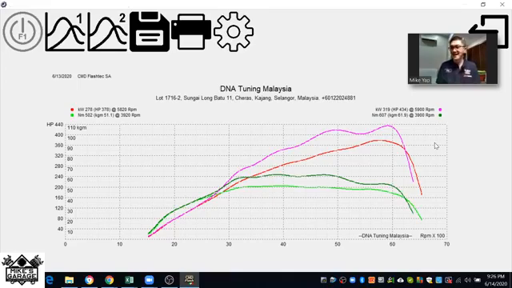And you were asking if we can tune one particular mode without interfering with other modes. Yes, we can do that as well. That is all on special request. We do quite a lot of tuning where it's only in sports mode we put in the pops and bangs into your engine, and in manual mode as well. In your normal mode, you don't encounter any of the pops and bangs.